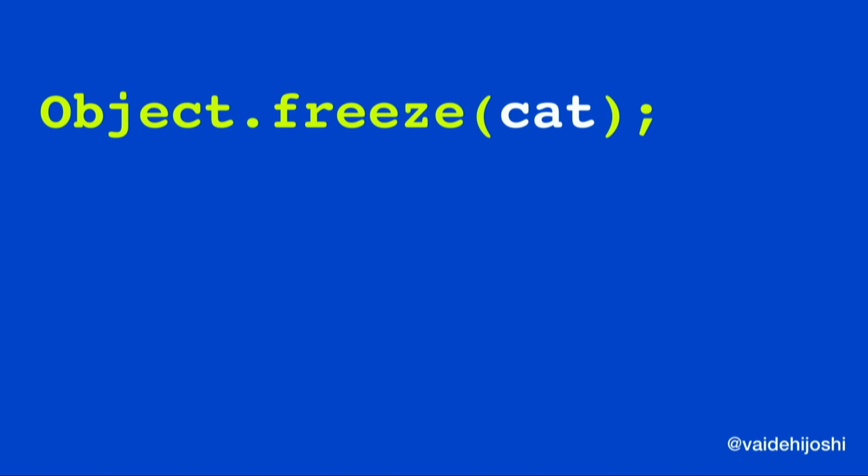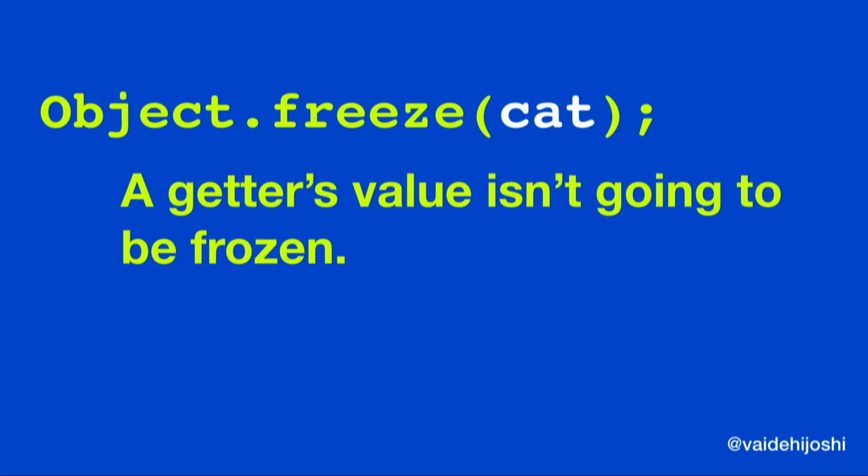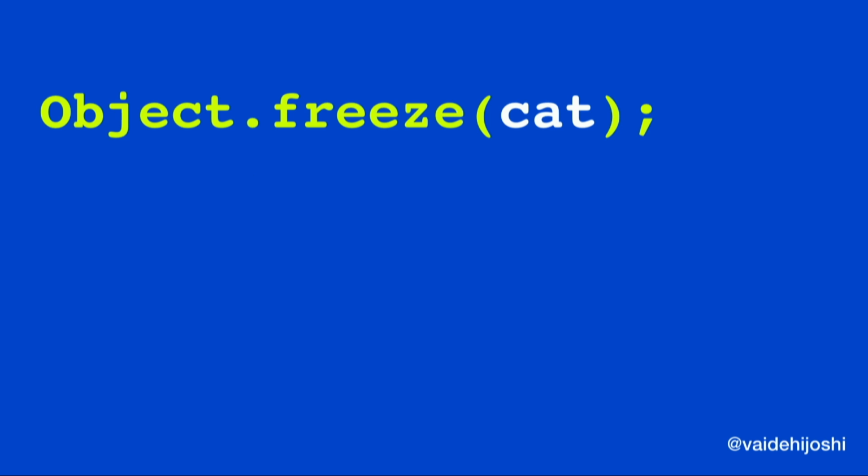Now, there are a few things to know about freezing objects. First, if you freeze an object that has a getter, because getters can return dynamic values, there is no guarantee that the getter's value is going to be frozen. So that's a gotcha with getters. Secondly, earlier we learned that any object can have a value set to another object. That's totally valid.